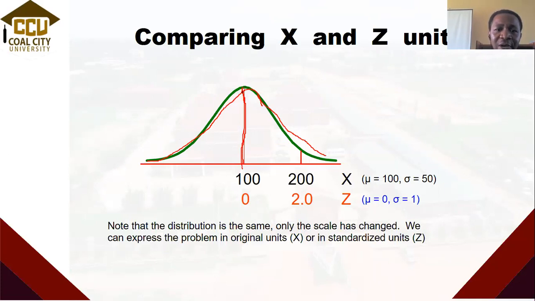So this point where it is highest is where your mean falls. Your mean is 100. Now, two standard deviations: this is the first standard deviation, and this is the second standard deviation. So you place 2 under it.